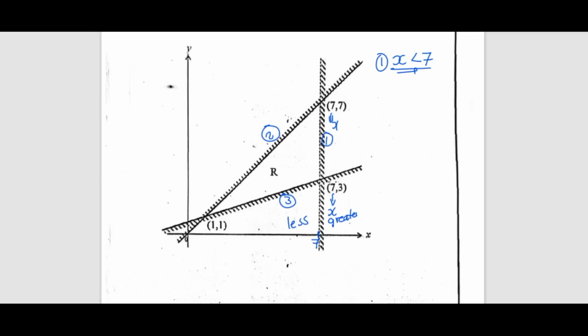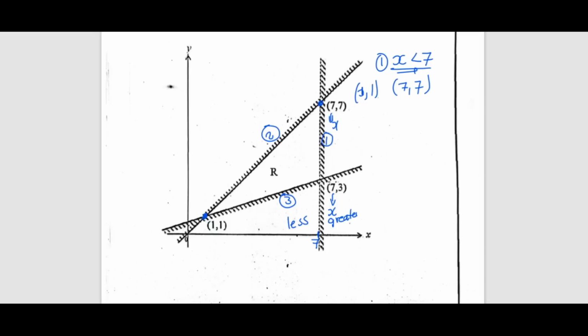Then let's consider inequality number 2. For inequality number 2, we can see that it's slanting. So we need to first look at the coordinates for this line. Consider this point, we can see that it's 1, 1. This 1, 1 will be used for both of these two inequalities. Here we also have 7, 7.